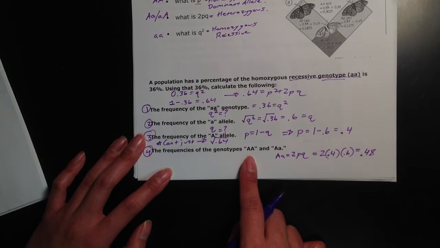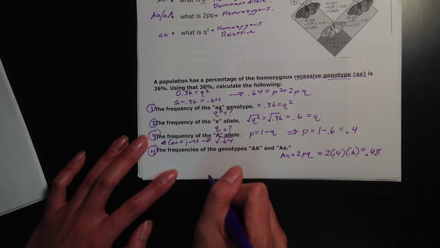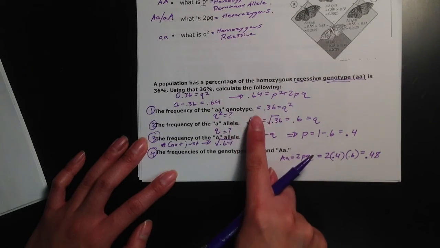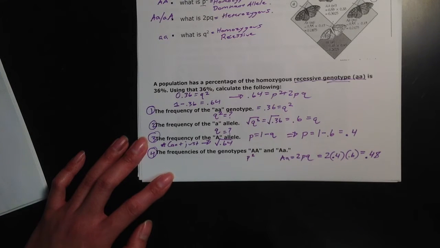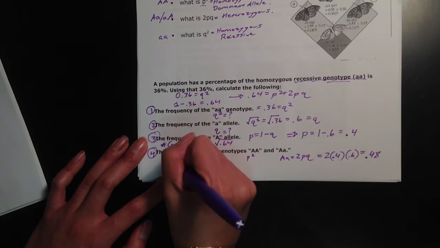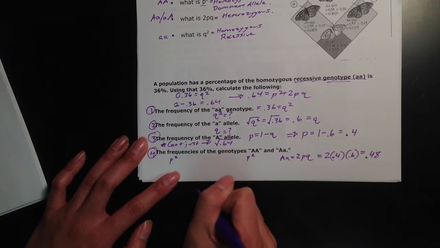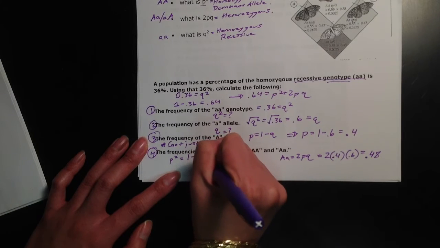Okay, so then how do I find the frequency of the big A, big A genotype? In this case, I should be able to just subtract. AA is p squared, and I don't have p squared yet. So p squared is equal to 1 minus 2pq minus q squared.